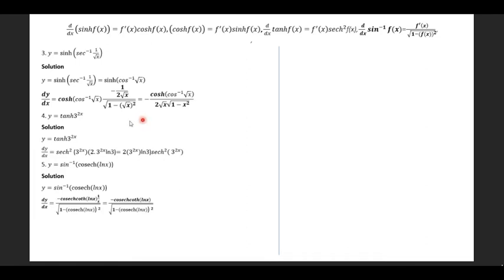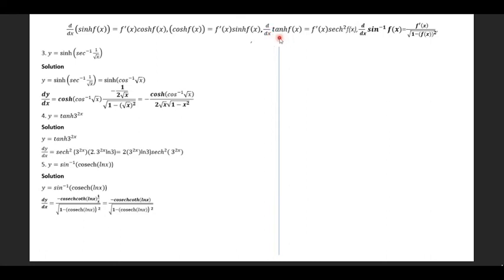Another example, if we have y is equal to arc tangent of 3 to the exponent 2x. Then if we want the derivative of arctangent, remember now we are here. Not arctangent, the derivative of hyperbolic tangent. I'm sorry about that, because arctangent is the one that involves the inverse.